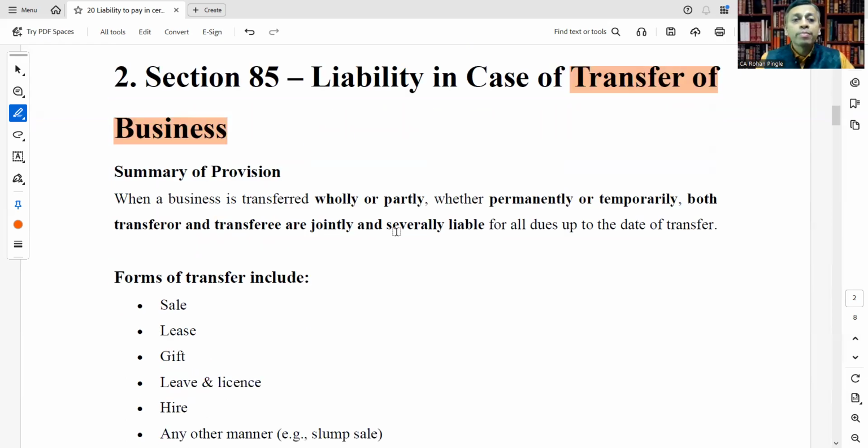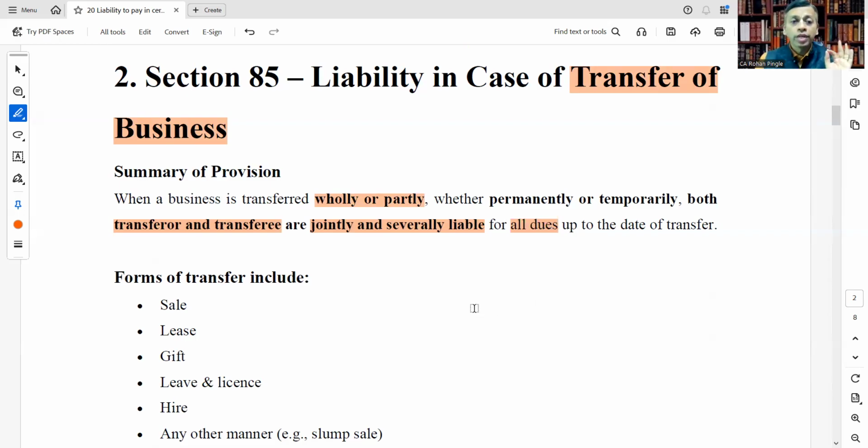When a business is transferred wholly or partly, whether permanently or temporarily, both transferor and transferee are jointly and severally liable for all dues up to the date of the transfer.